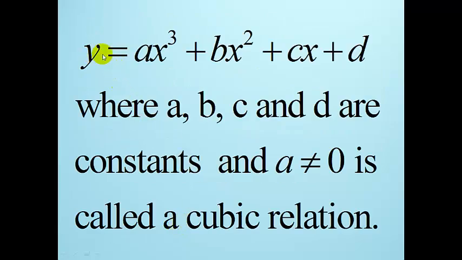Now, in general, if you have y equals ax cubed plus bx squared plus cx plus d, where a, b, c, and d are constants, and a is not equal to 0. Because if a becomes equal to 0, there is no cube term left, and therefore it is no more a cubic equation. So for y equals ax cubed plus bx squared plus cx plus d to be a cubic equation, a must not be equal to 0.